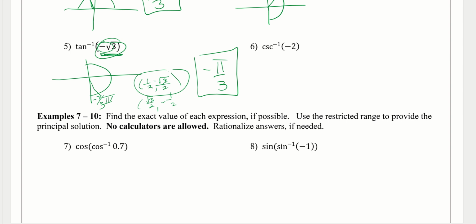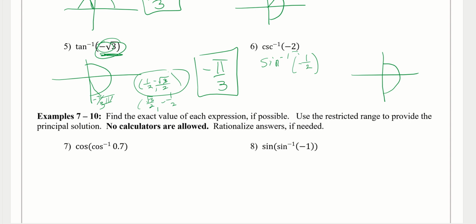Cool. And our last one here is cosecant, right? So cosecant, if you think about that, is the inverse of sine. And whenever I take the inverse, I just flip it. So it's going to be negative 2 over 1. So for sine, it's going to be negative 1 over 2. So for sine, I go right here.